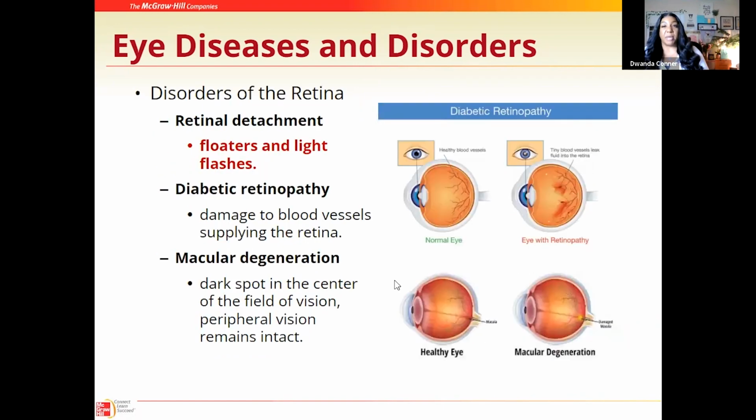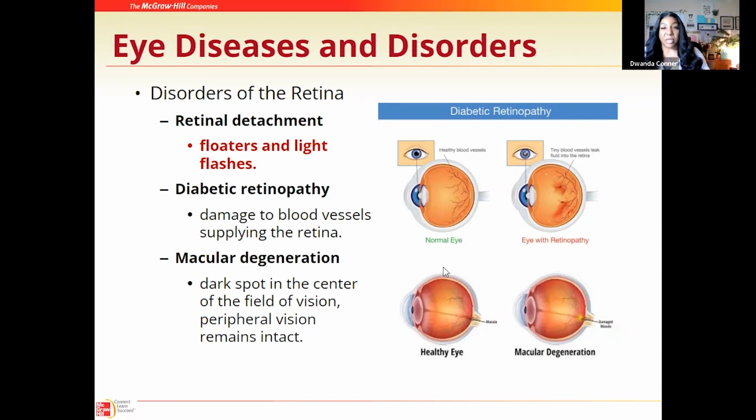Retinal detachment. Retinal detachment causes floaters and light flashes. Usually you can do this if you close your eyes for a long period of time, nice and tight, you may see those floaters and light flashes. Over a period of time, that can cause retinal detachment.